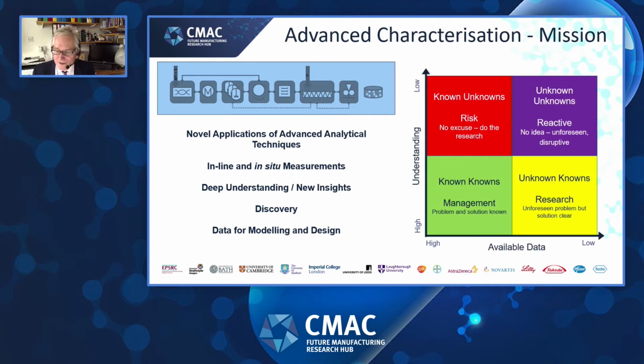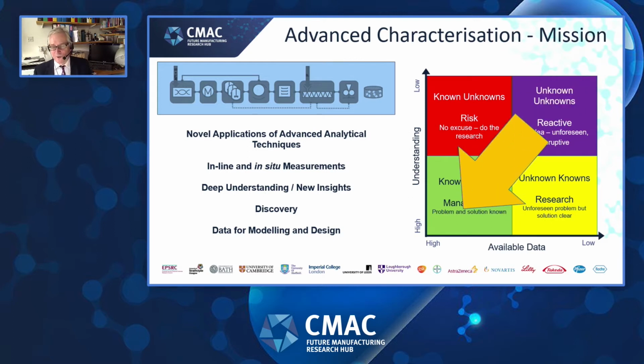Overall, if you look at this process and development R&D management diagram here, where we're looking at the tension between good understanding and not so good understanding of what you're looking at, and available data, we basically would like to be in that green quadrant at the bottom left, where you can actually manage the process because you know your system, you know what you know.